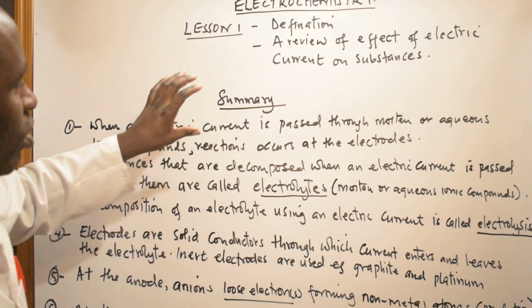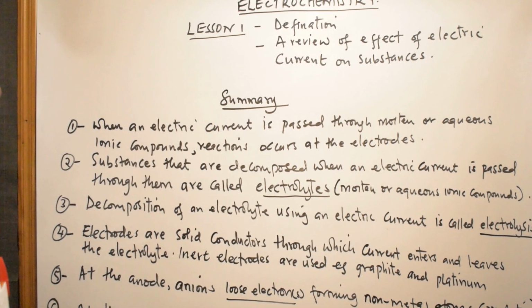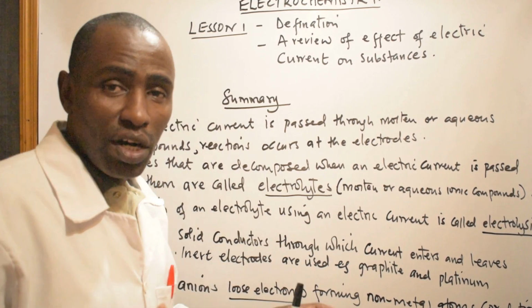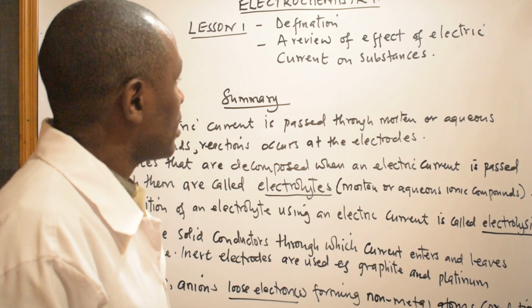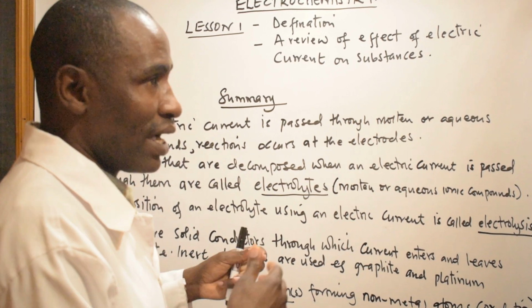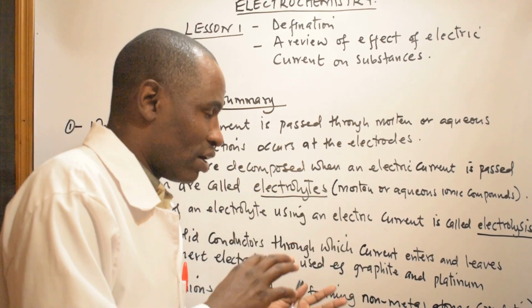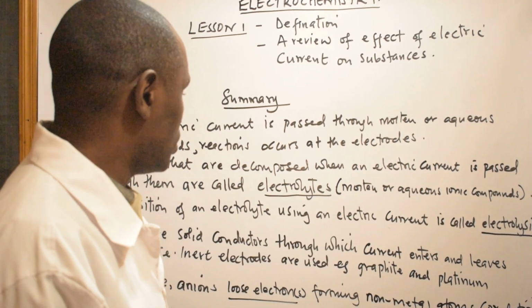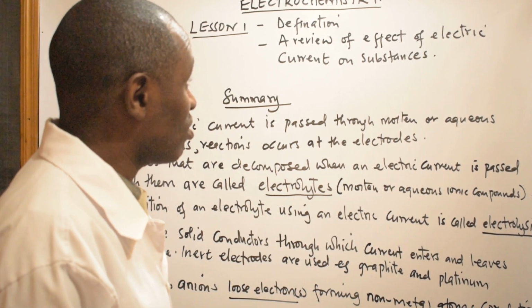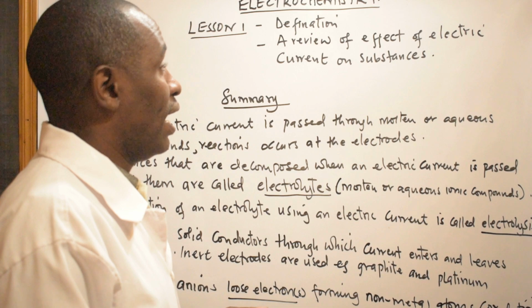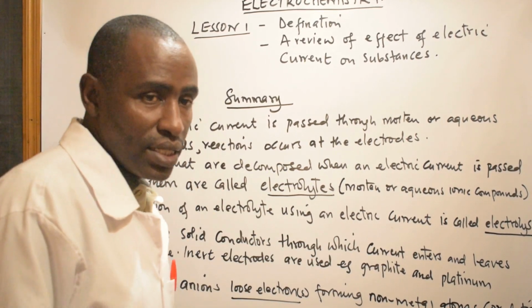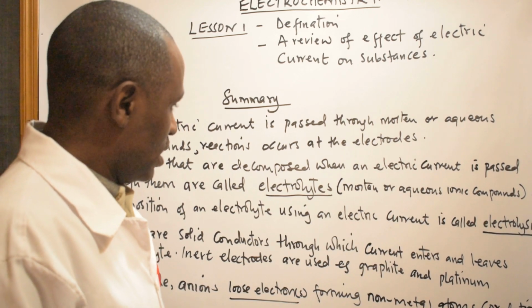So in my next lesson, I'll be taking you through the redox reactions, so that we are able to see how electrons are gained and lost in a redox reaction. We shall also be looking at the rules that we use in assigning oxidation numbers, and we'll be able to move forward from there.